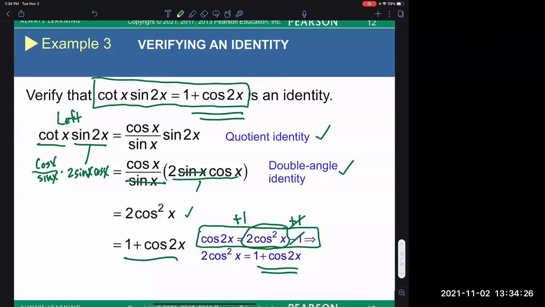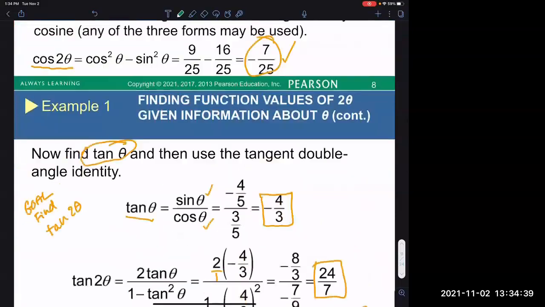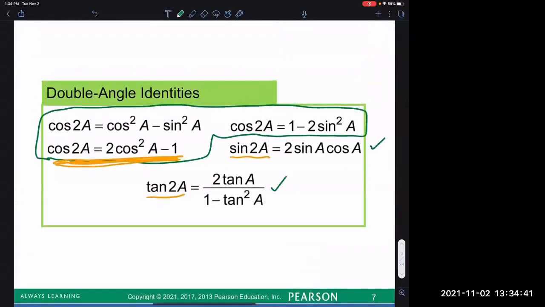What is the meaning of double angle identity? Well, the name comes from the idea that in each of the double angle identities, let's go back to the summary here, you are trying to look at a trig function of twice an angle, an angle that was doubled. Does that make sense?